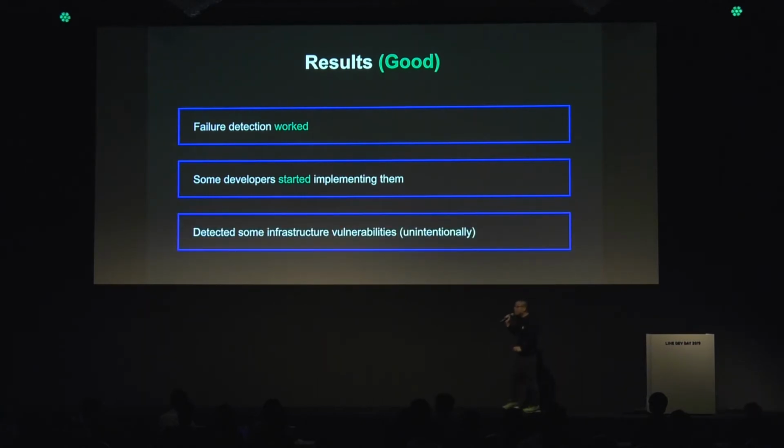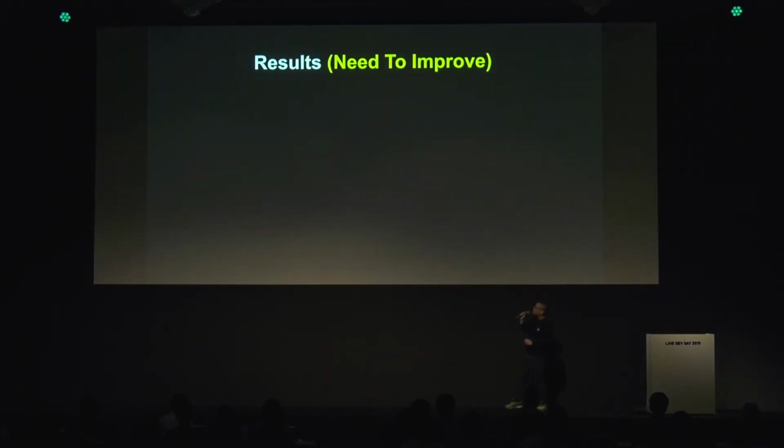Also, this was an unexpected benefit, but API test is run every 5 or 10 minutes. Therefore, we can detect any infrastructure vulnerabilities. For example, if there's any vulnerability in the storage system, if we are running the API test every 5 or 10 minutes, we can see that there is a weakness in the storage, and we can increase the capacity as necessary.